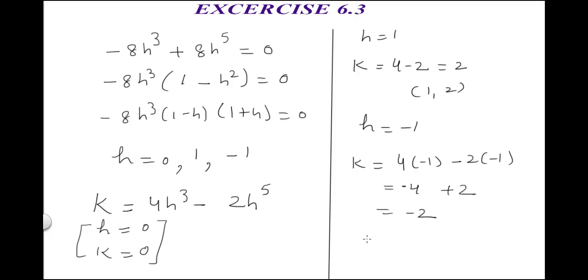So the answer is minus 2. Hence the point is (minus 1, minus 2). In the question we were asked to write the points, so we have got these 3 points. The required points are (0, 0), (1, 2), (minus 1, minus 2). Clear? Let us go to another question now.